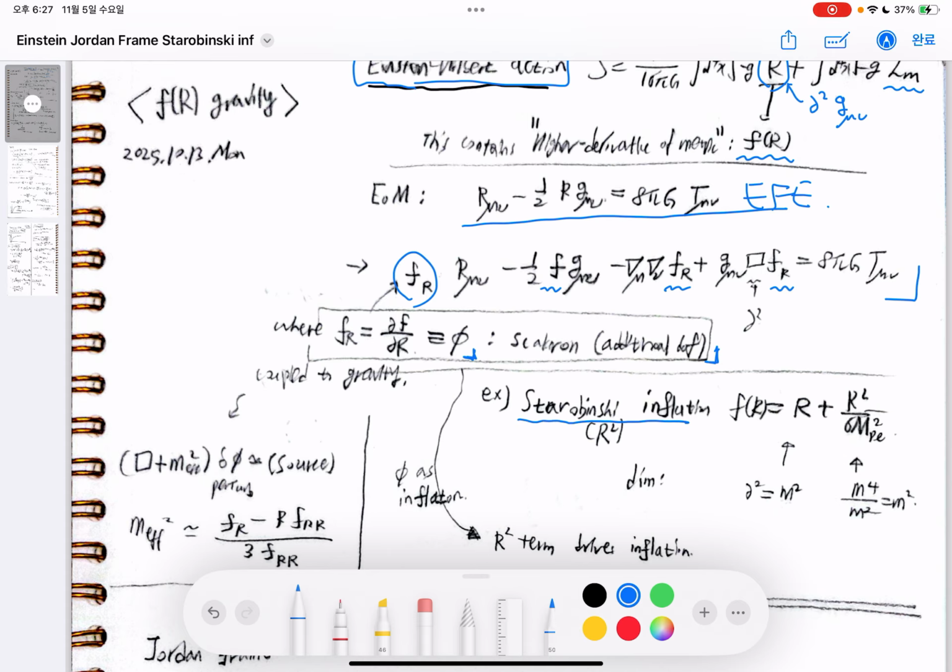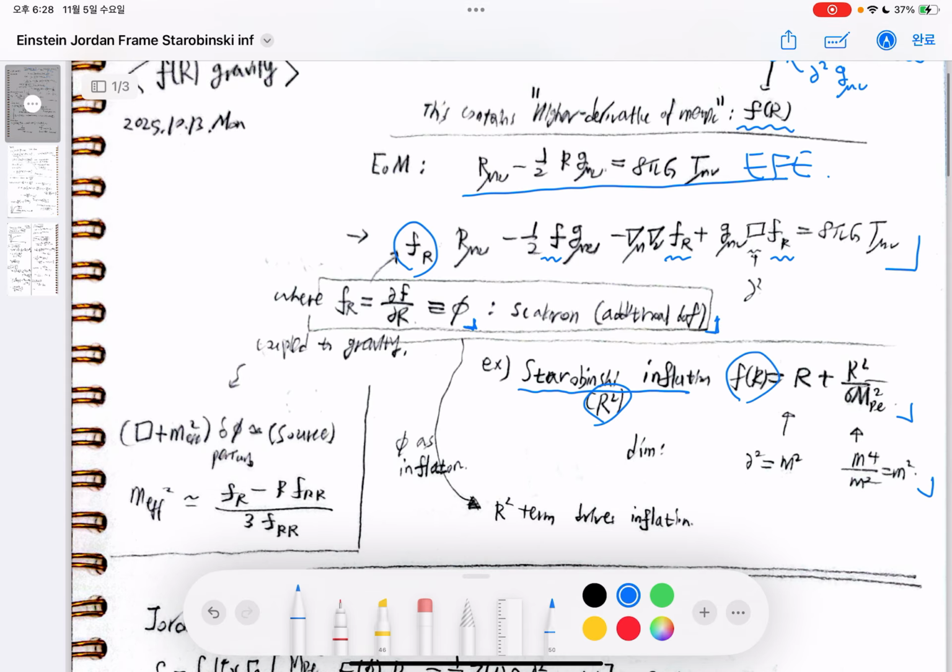Here the R squared term is considered inside of the function f(R). This is the last mentioned term, and this R squared term drives the inflation. So such a scalar field φ can be considered as the inflaton field.